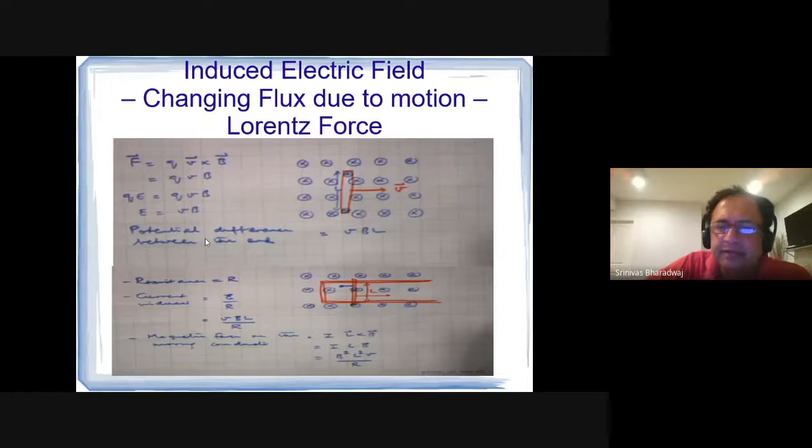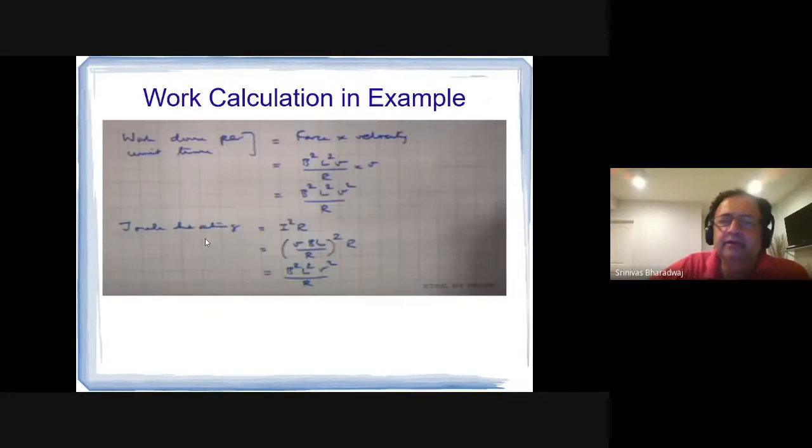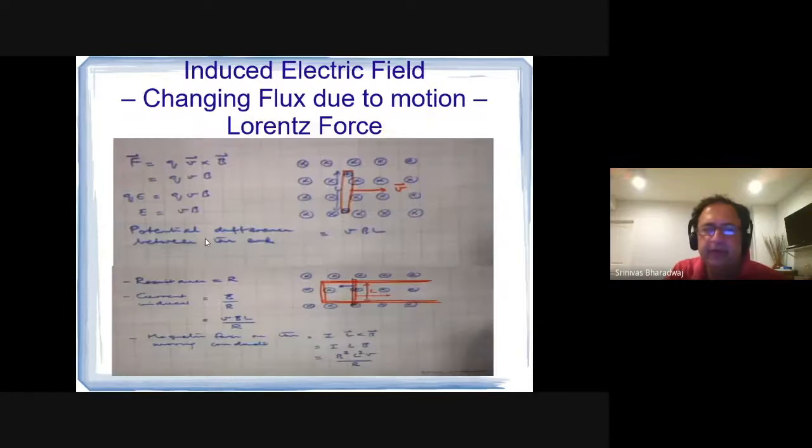In this case, the magnetic force on the moving conductor was I times L cross B. I was VBL by R, and therefore you had B square L square V by R. Okay, so now the work done is the force times the velocity.